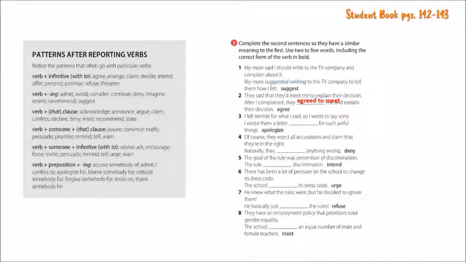Okay, so let's continue with number 3. It says, I felt terrible for what I said, so I wrote to say sorry. I wrote them a letter. We have apologize. So let's look for apologize. Where's apologize in the table? Let's look for it. I can't find it.